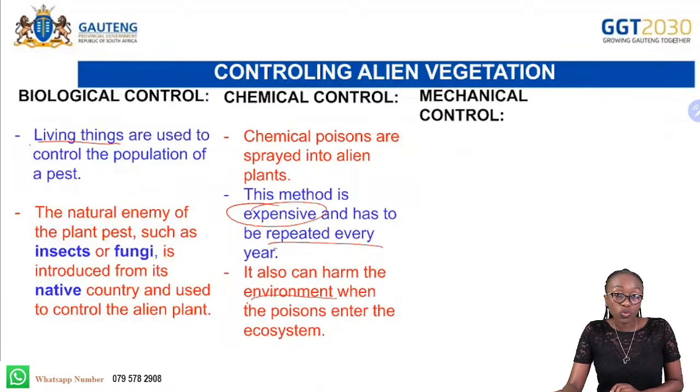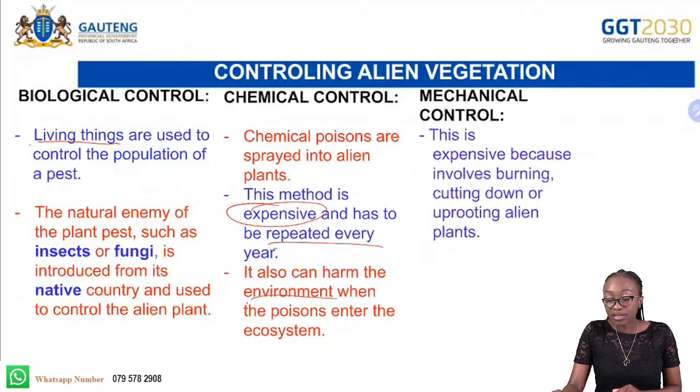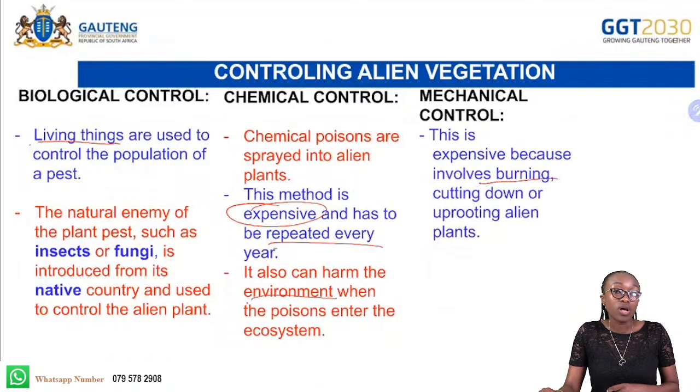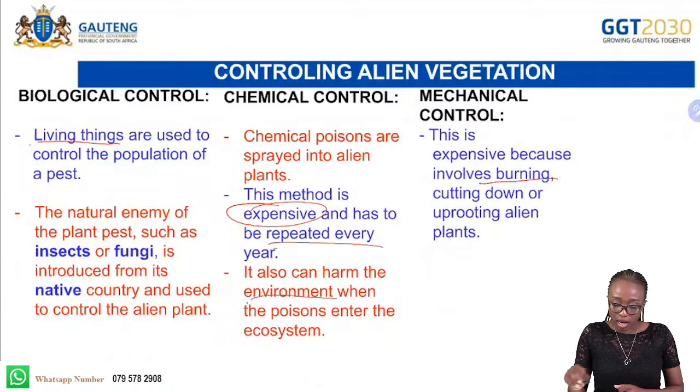And then the third way of controlling alien plants is called mechanical control. This is also expensive. Why? Because it involves physical activity. You physically have to remove the alien plant from the environment. How? This involves burning the alien plant, or cutting down the alien plant, or uprooting the alien plant.